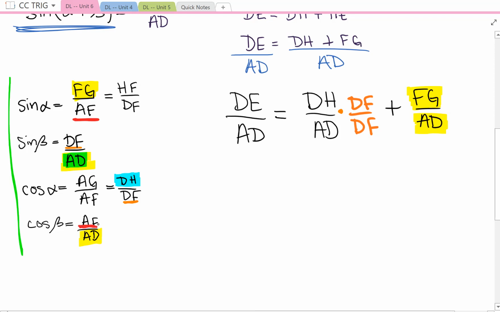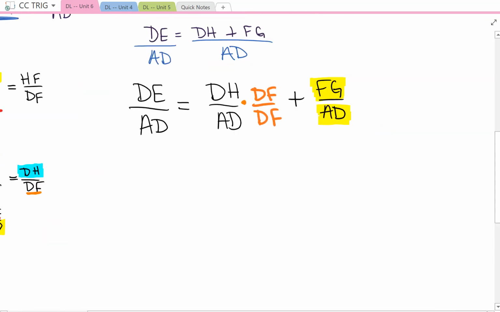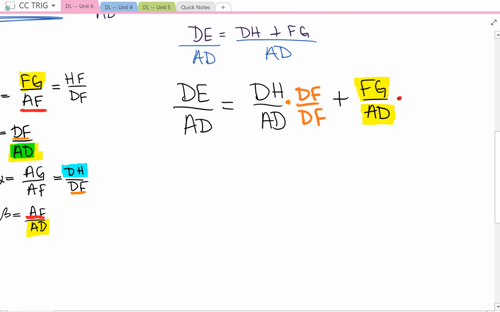But only cosine beta has AF in the numerator, and sine alpha has AF in the denominator. And that's what we need to match up so that we can multiply by a special form of the number 1. And in this case, that form is called AF over AF.